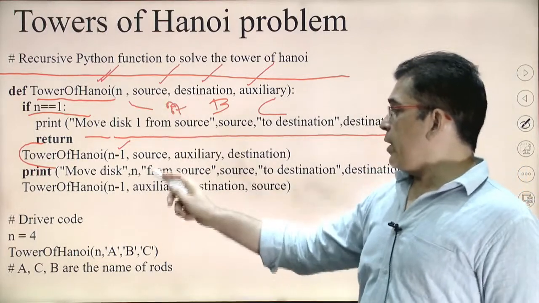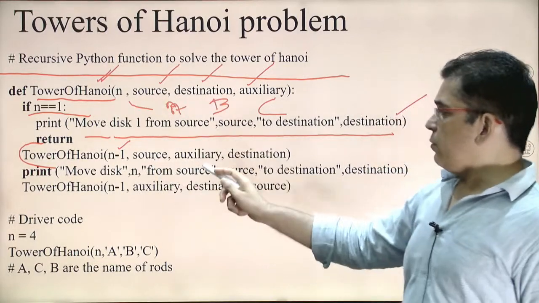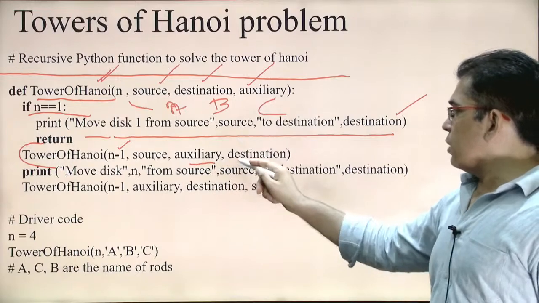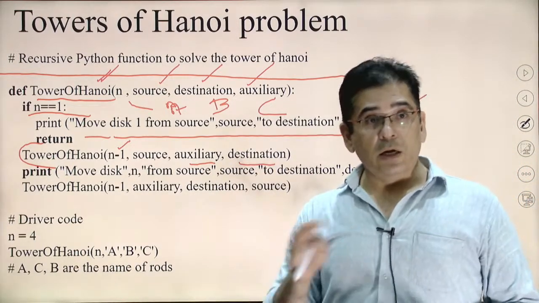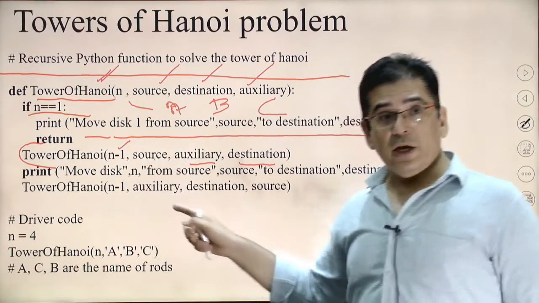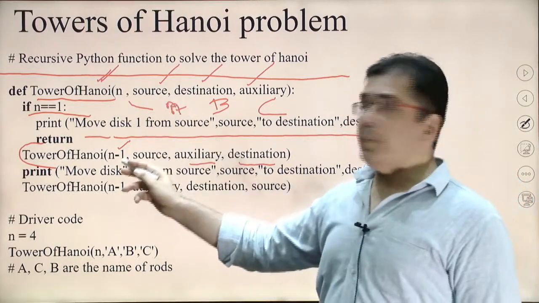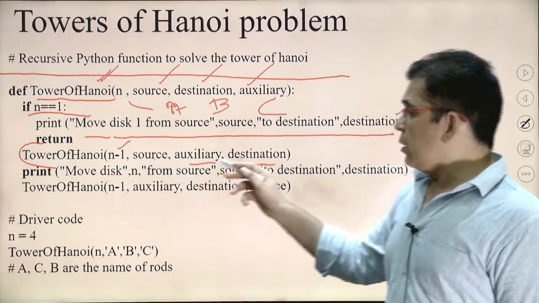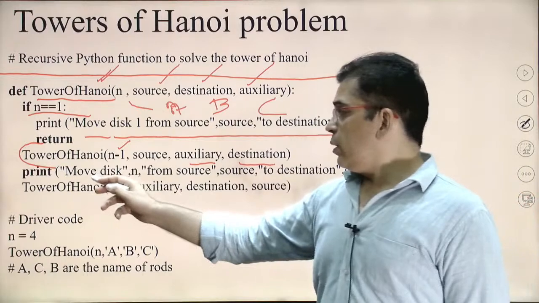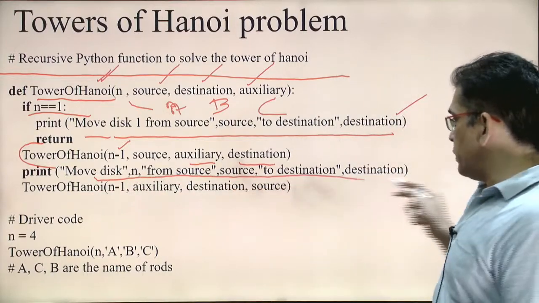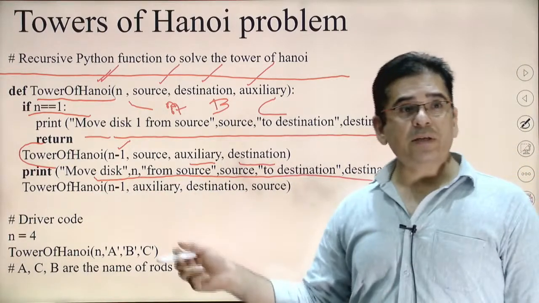Source remains as it is, destination will be replaced by auxiliary, and auxiliary will be replaced by destination. Both are swapped. It means the logic moves to the next step with n-1, towers B and C are interchanged, and you have to print move disk n from source to destination. I will show you the step by step output.